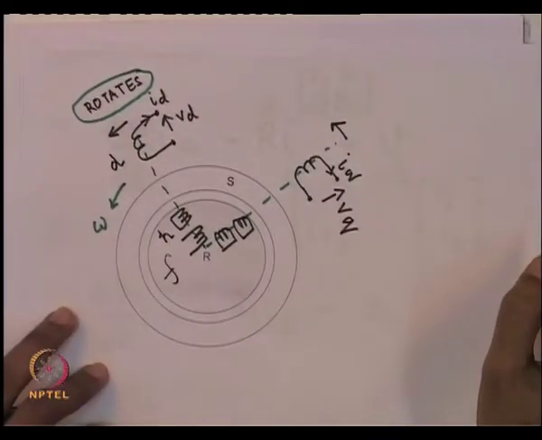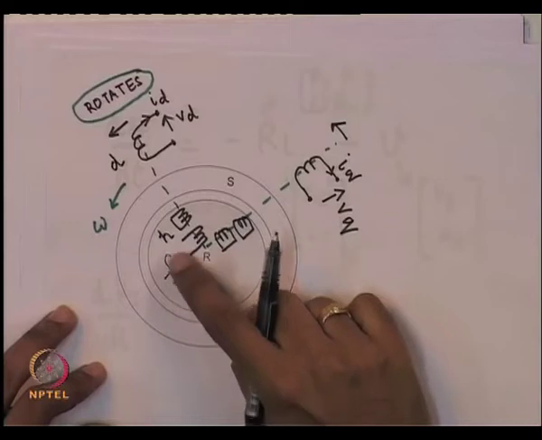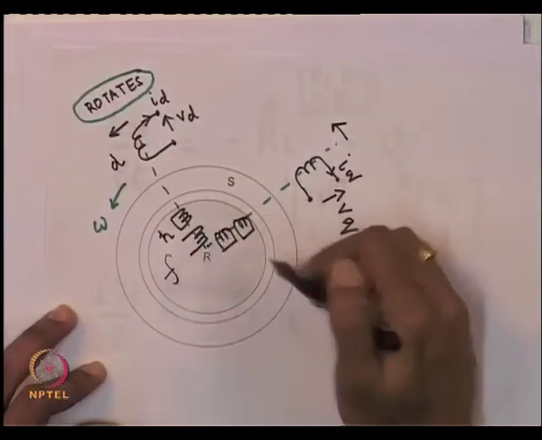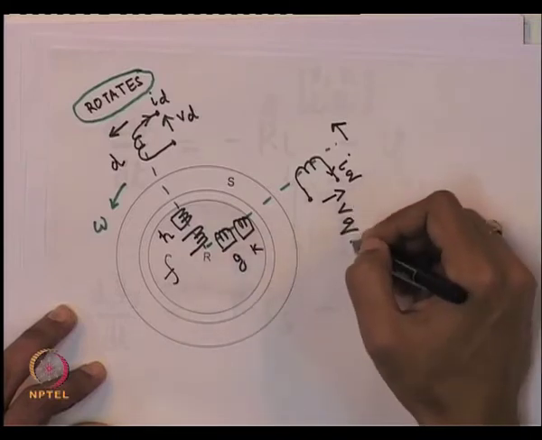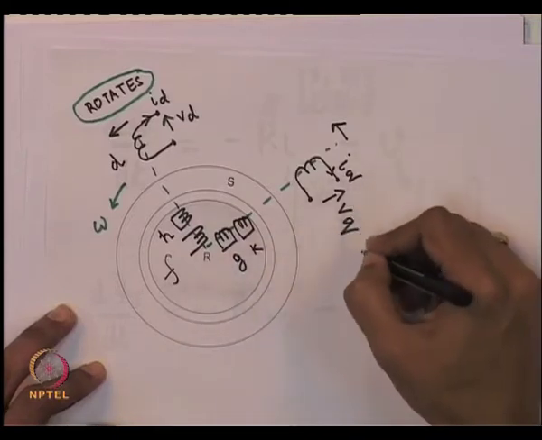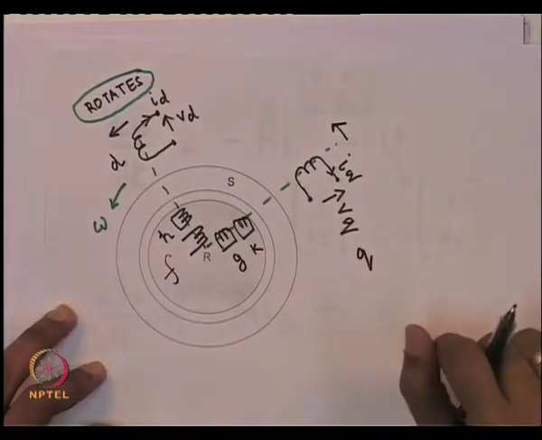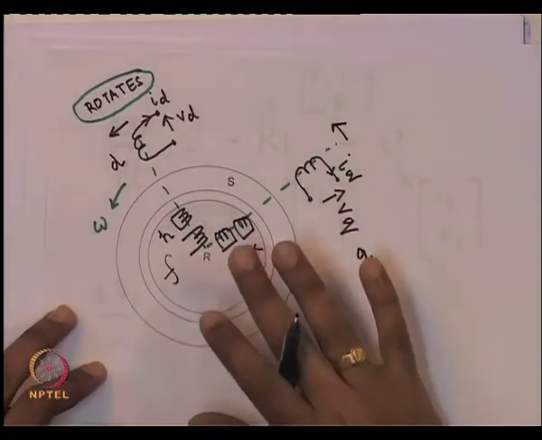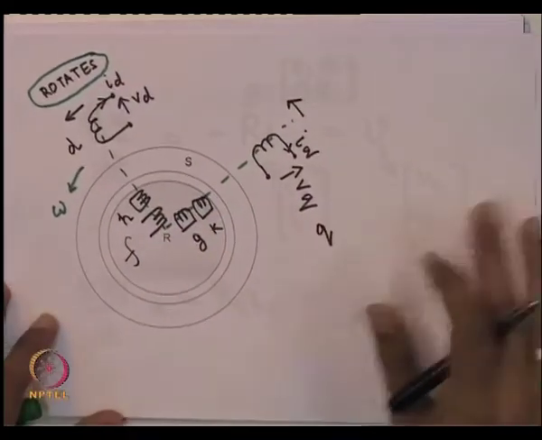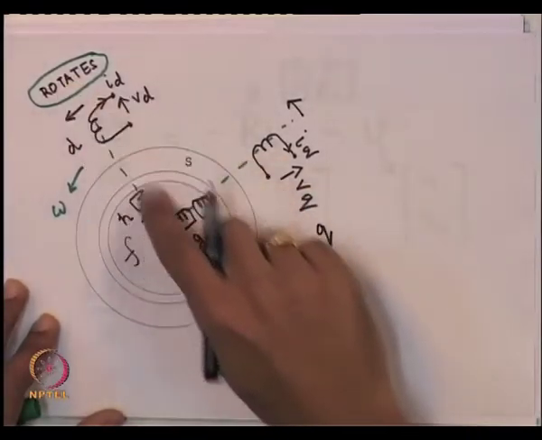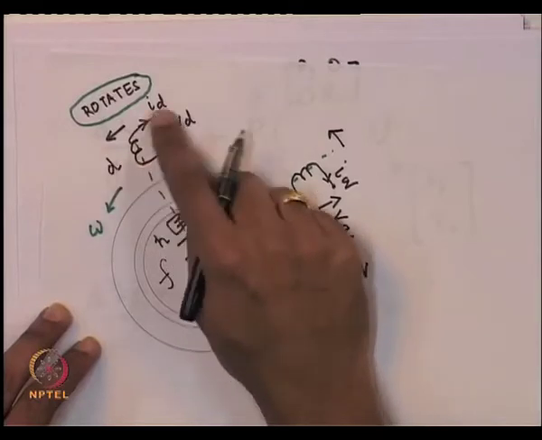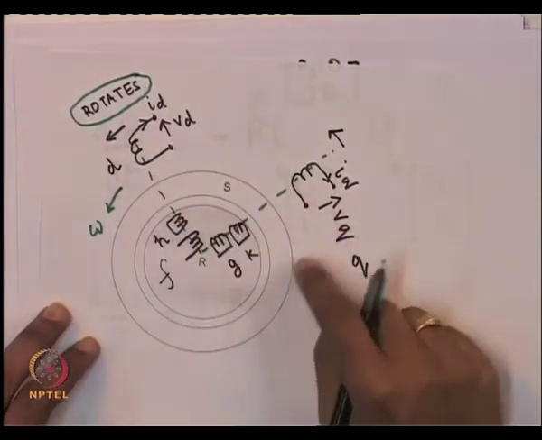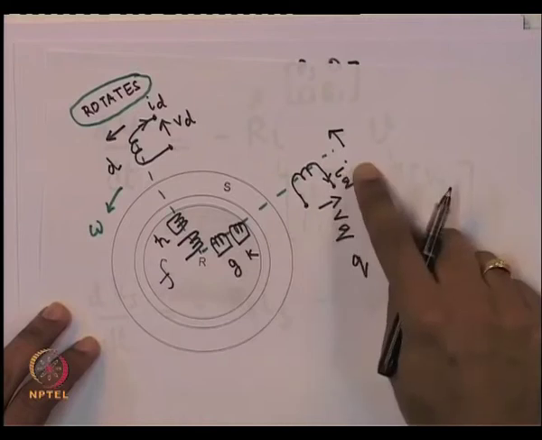So, this will be F, H and D on this side, and G, K and Q here on the Q axis. The basic thing which comes out is that the fluxes in the coils on the D axis, including this fictitious coil, which we will call the D axis coil, are not dependent on the Q axis currents.